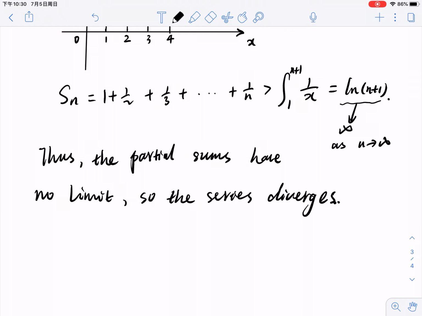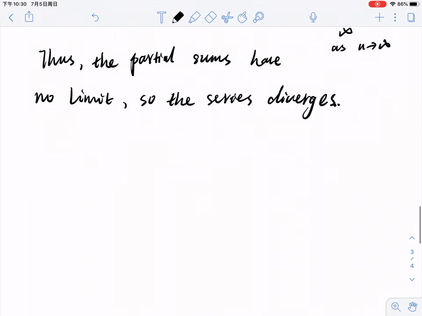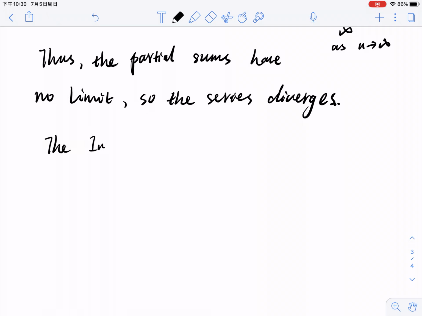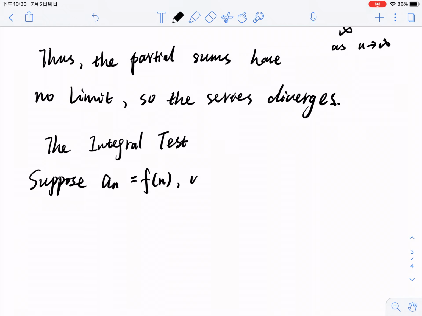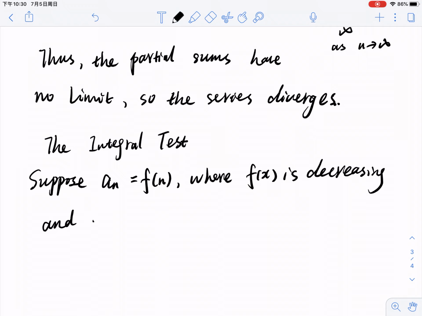The method of this example can be used to prove the following theorem. It's called the integral test. Suppose a_n is f(n), where f(x) is decreasing and positive.